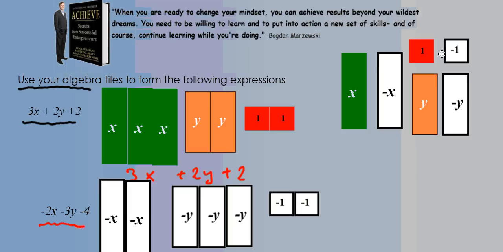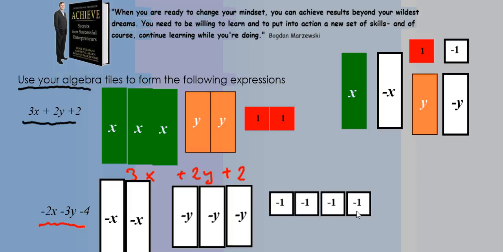So we answer the question by changing the written statement into a picture representation, a diagram, because we have agreed that the x tile looks like a green rectangular shape, and its opposite will be negative x.